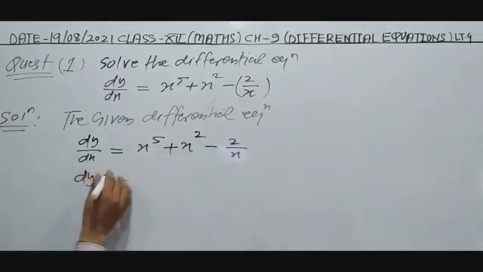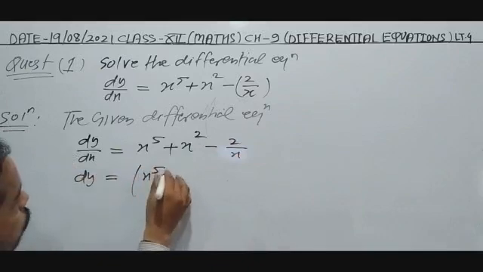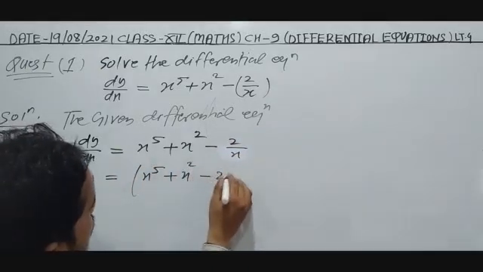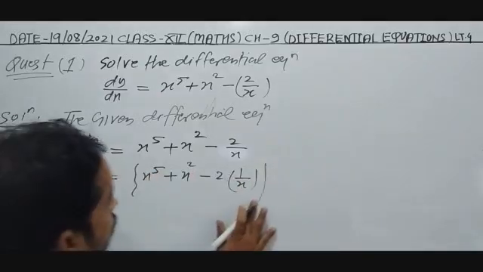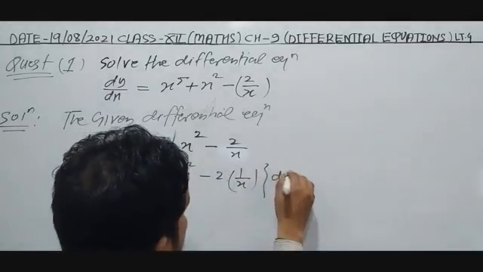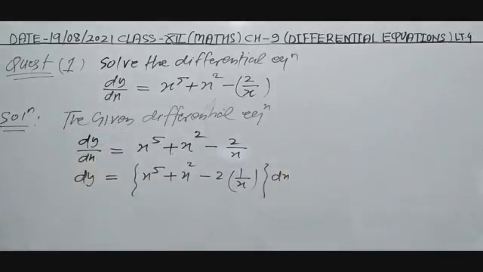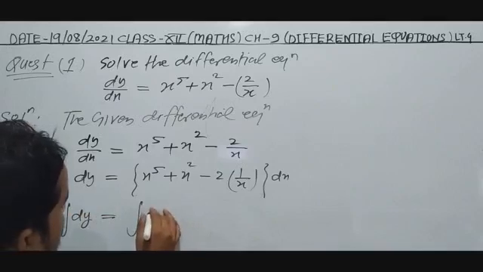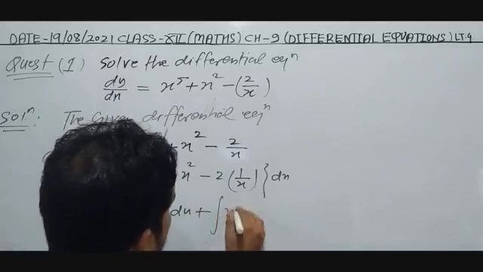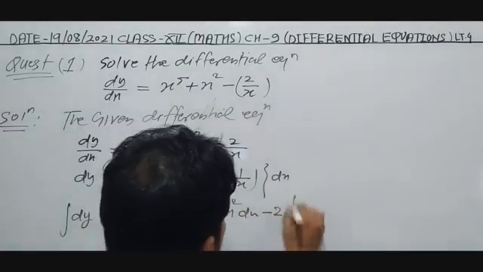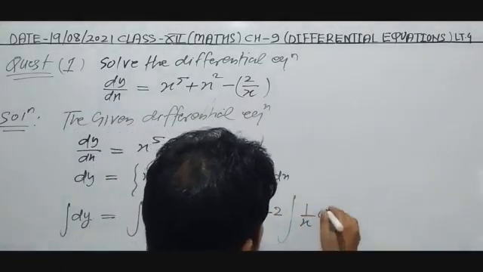So we can write this expression as dy equal to x to the power 5 plus x square minus 2 times 1 by x in curly brackets, dx. Now the next rule is integration, so integrate. Integration of dy is equal to integration of x to the power 5 dx plus x square dx minus 2 times 1 by x dx.